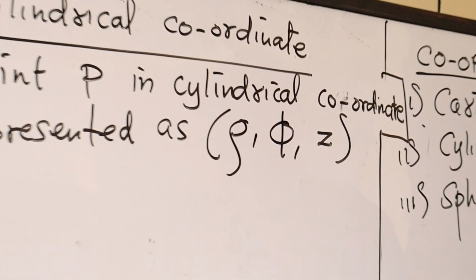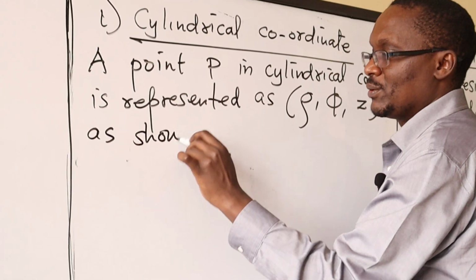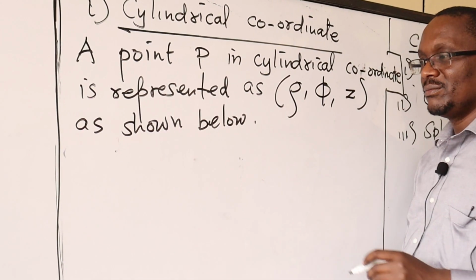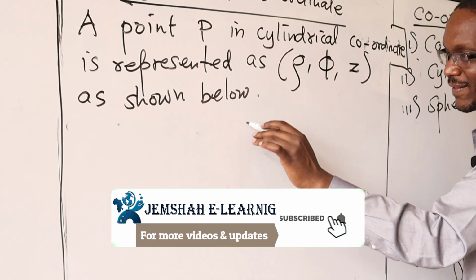So rho, phi and z as shown below. Now we want to draw our coordinates.